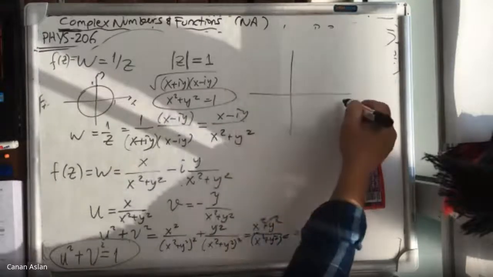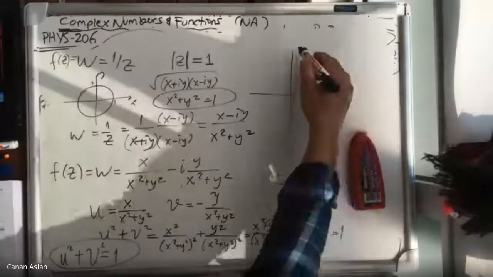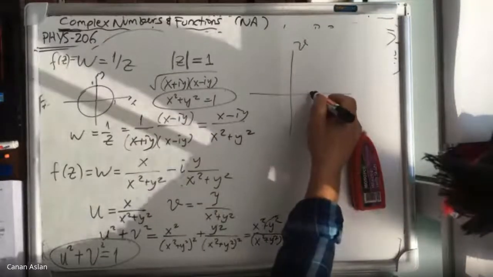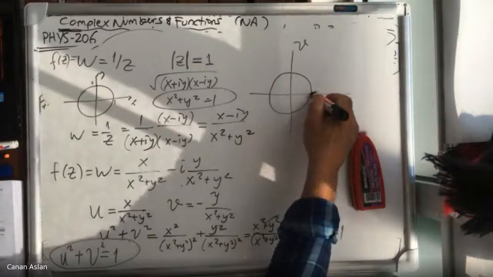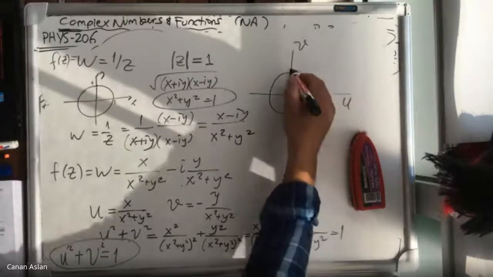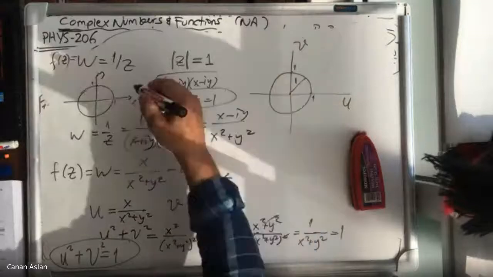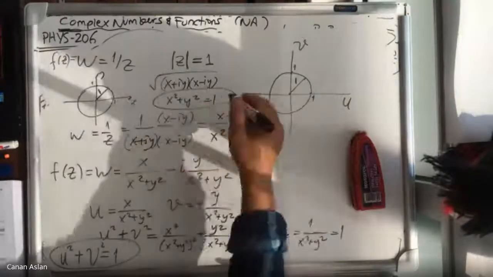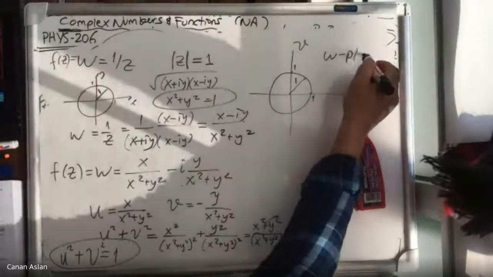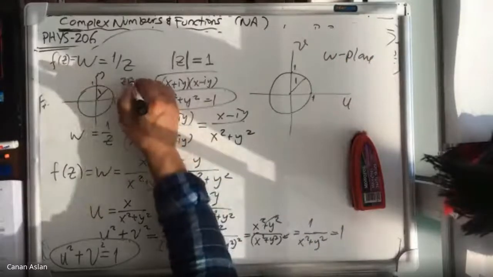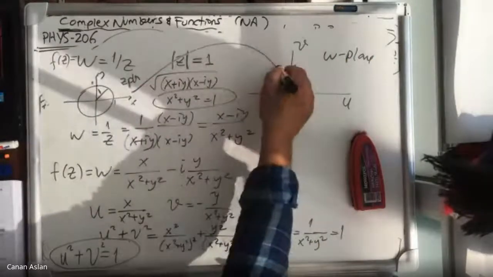Now when we draw u here and v there, we have exactly the same kind of circle with radius 1. This is the W plane, and this is the Z plane, and this corresponds to that one.